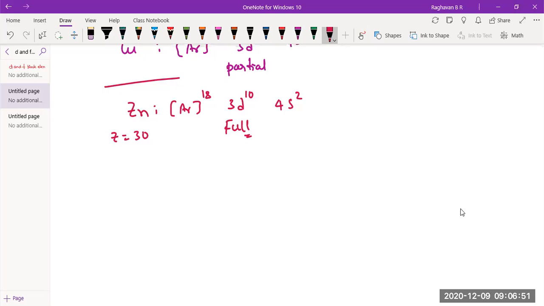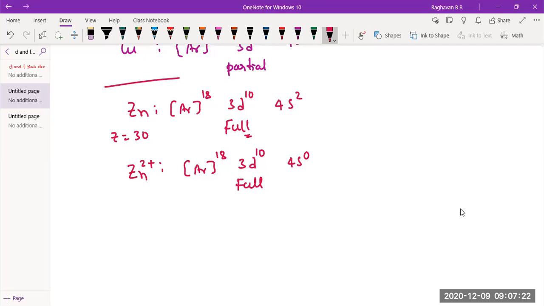Oxidation state. Which is the common oxidation state of zinc? +2. In the +2 oxidation state, the electronic configuration is argon 18, 3d10, 4s0, so it is still full. Is there any other oxidation state for zinc? No. Zinc only exists in the +2 oxidation state.